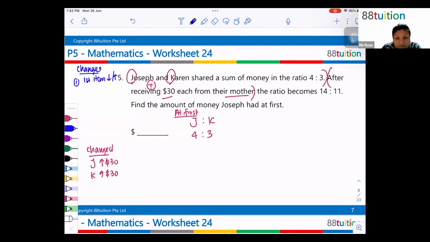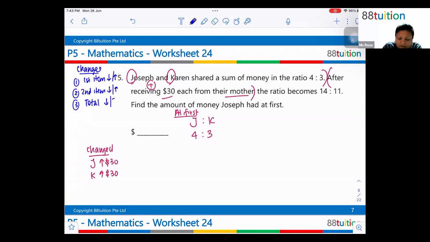Number 2, the second item also can decrease or it can increase. The third item that can change would be the total, that can decrease or it can also increase. And the fourth item would be the difference, that can decrease or it can also increase.